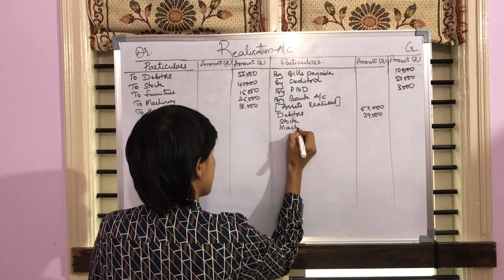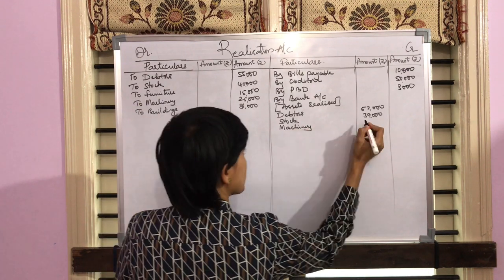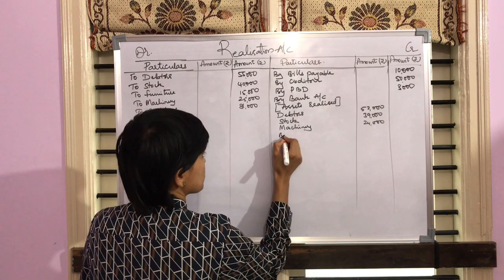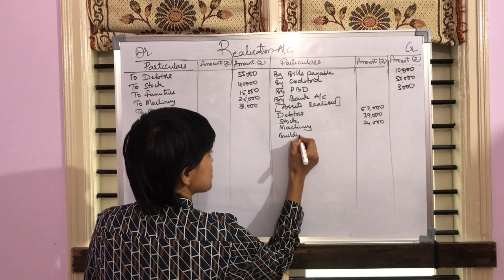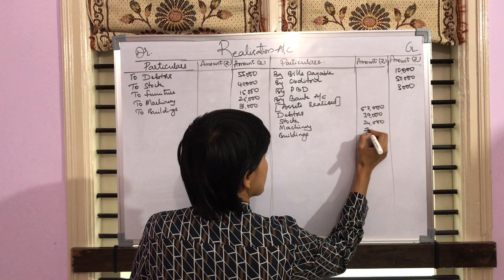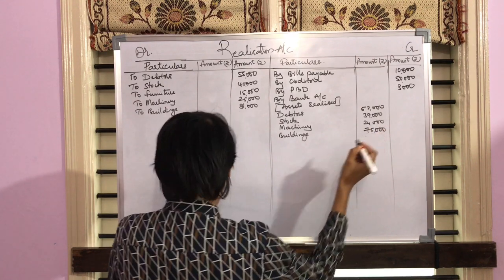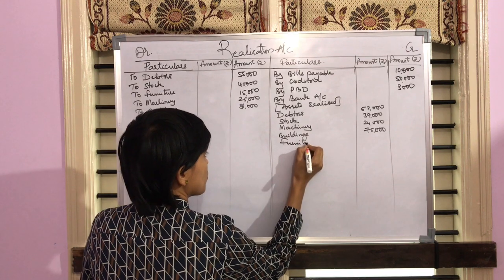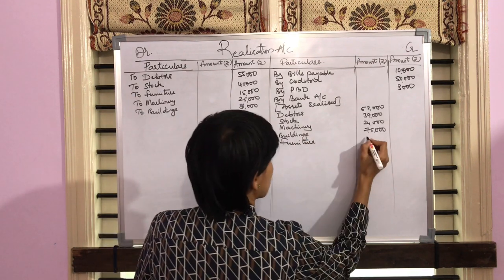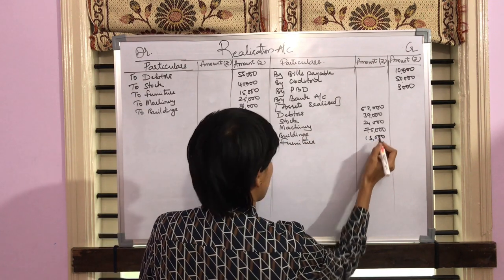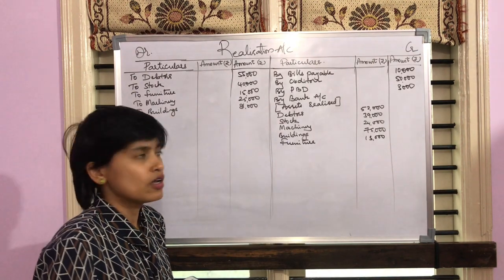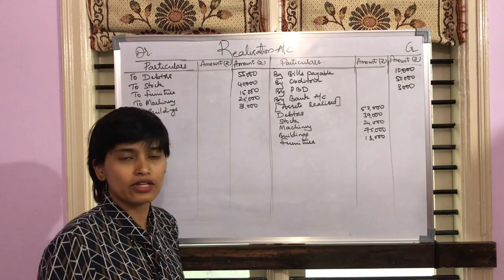Machinery 24,000. Buildings 75,000. Furniture 13,000. So if you follow the question, all the assets are realized.